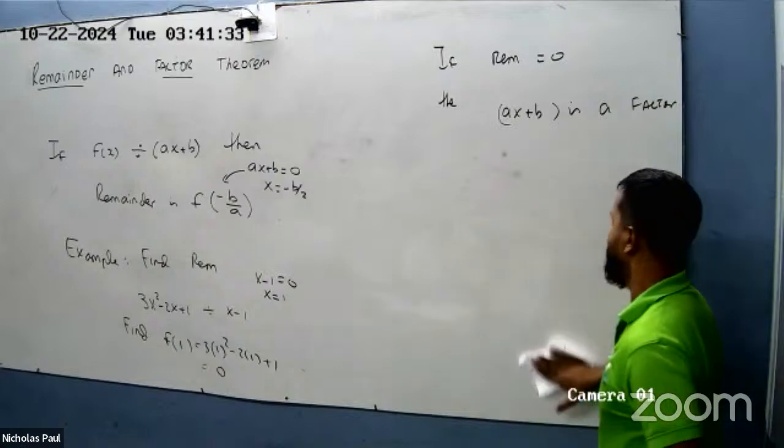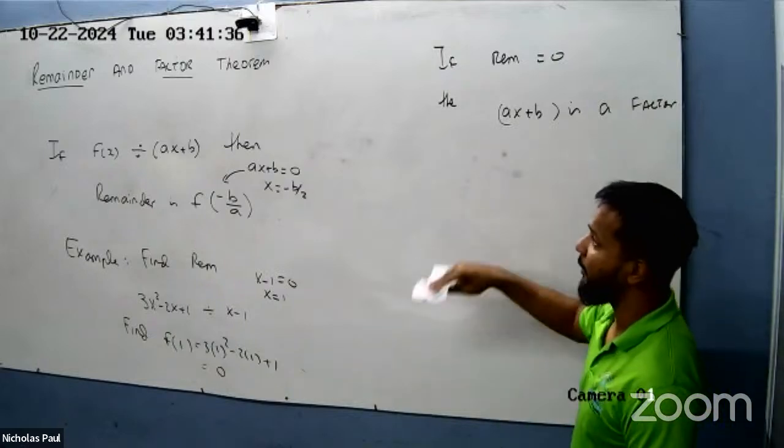All right, so that is the way to use the theorem and find the remainder.